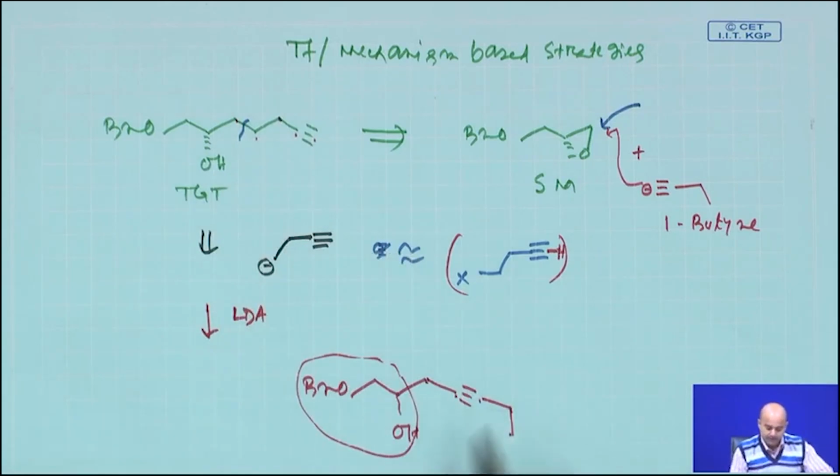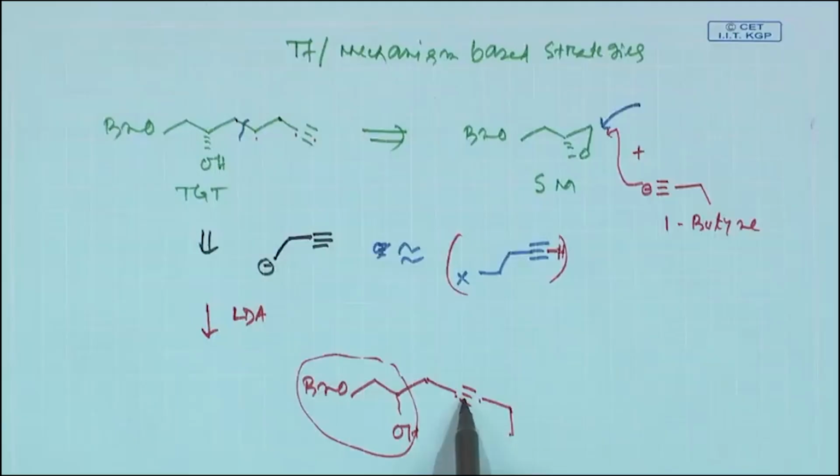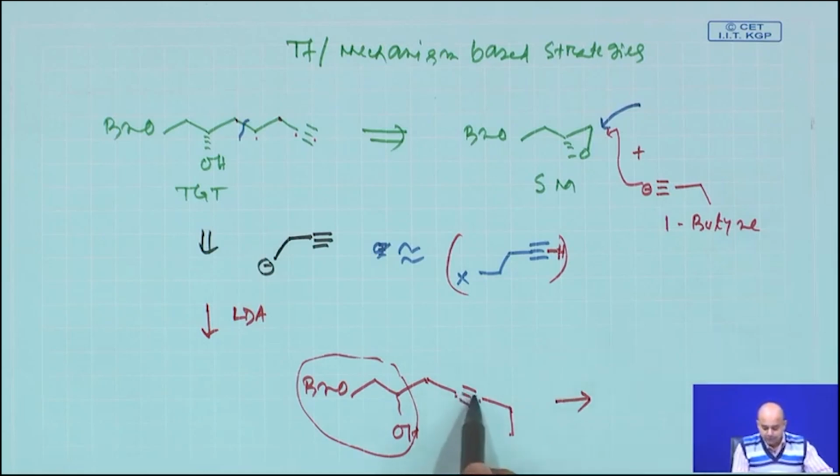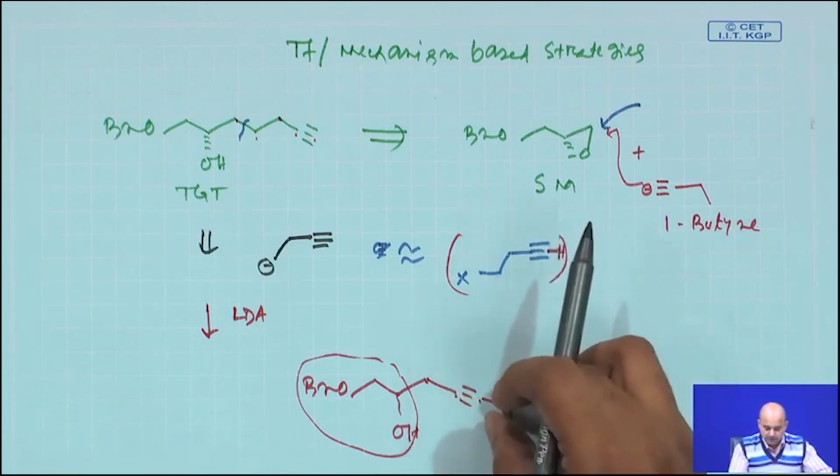Now I am saying, can you think of some reaction so that this internal alkyne can be rearranged to a terminal alkyne? It means that you just transfer this internal alkyne to a terminal end just by this and this.